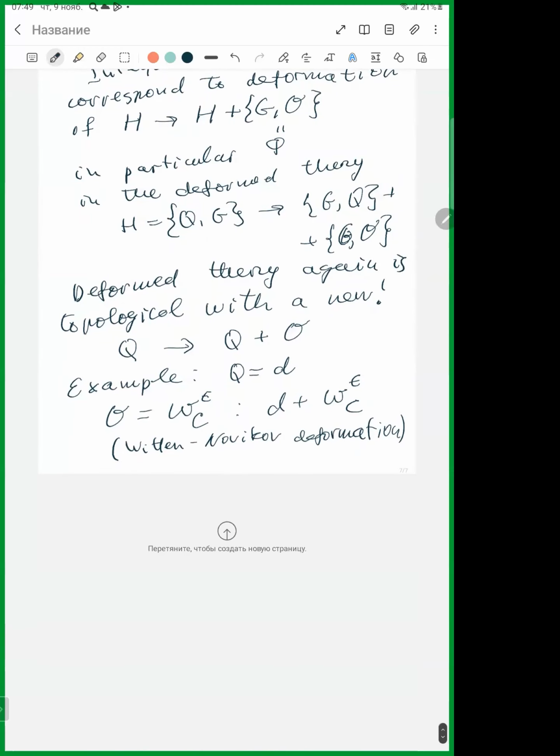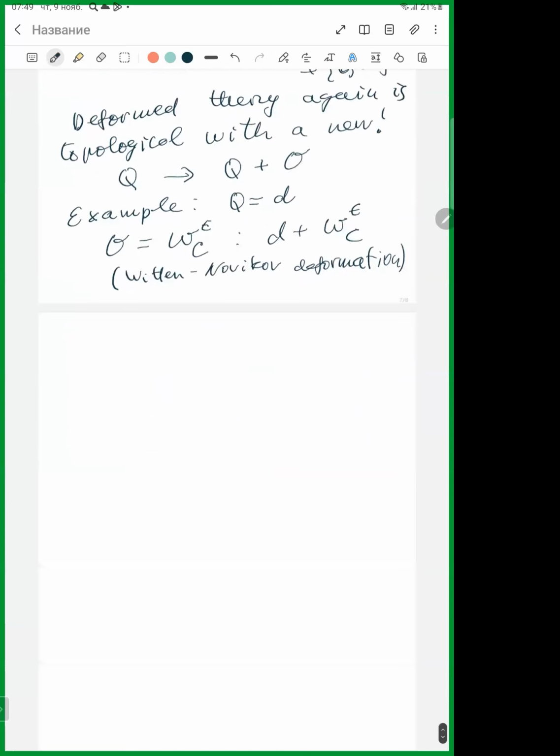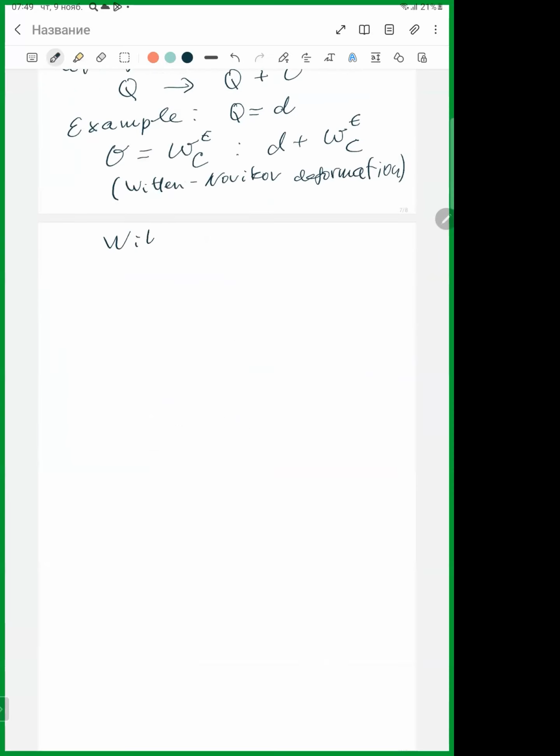So interestingly enough, Witten-Novikov deformation corresponds to an enumerative problem.